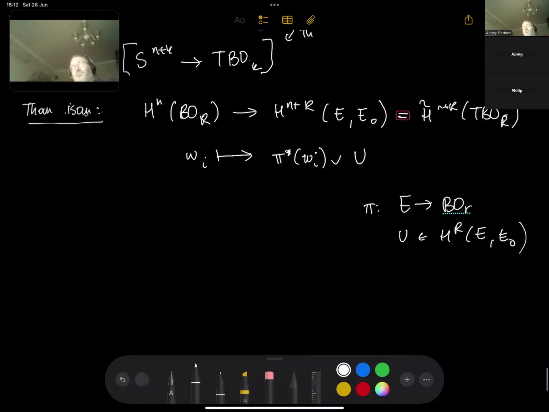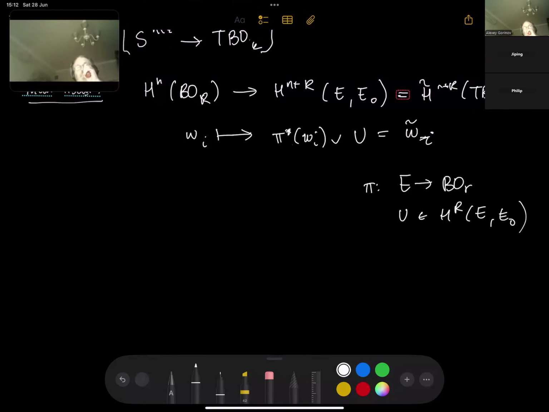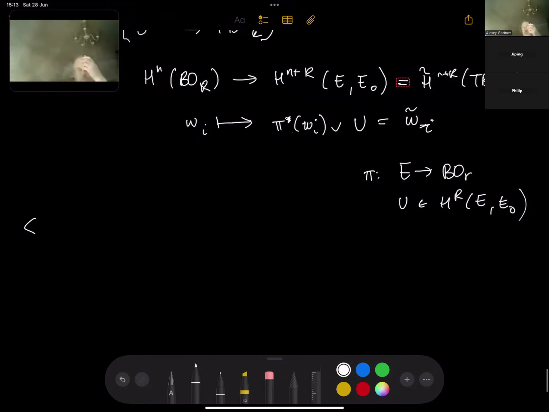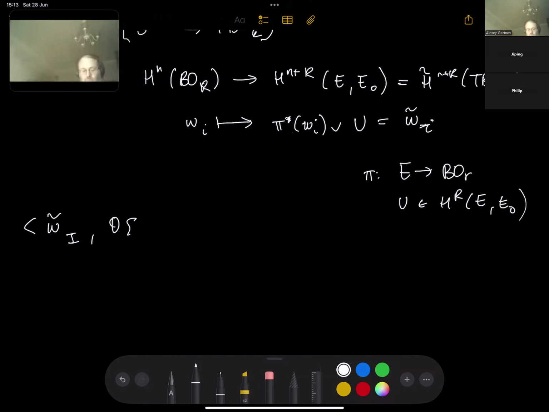I will denote this omega I squiggle. And then I'll consider the product omega I with theta m.